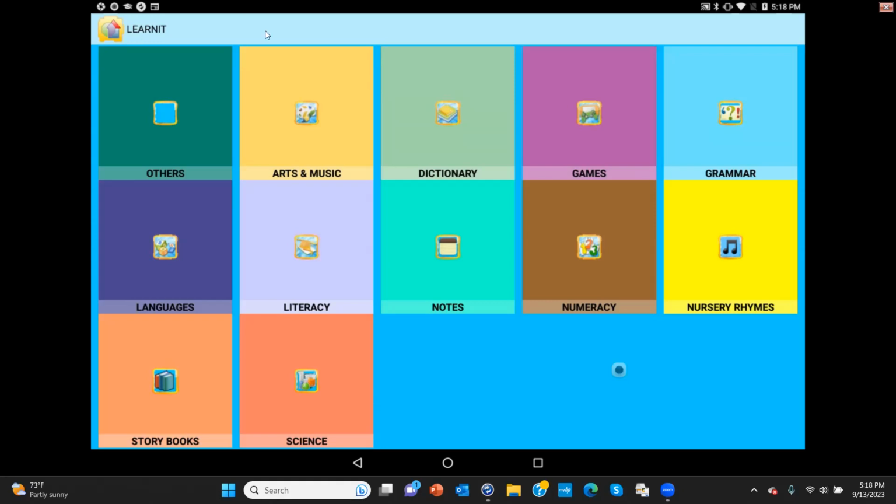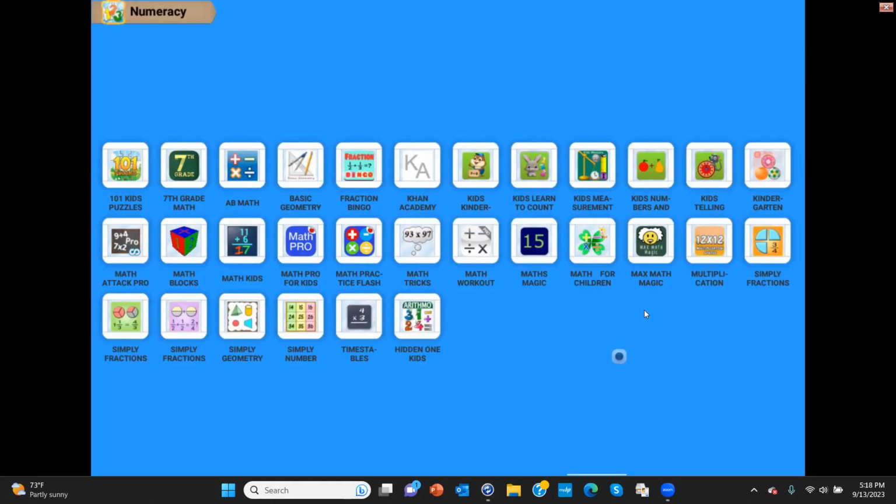Totally engaging. Okay, so now I'm in Kids Place, and I'm going to go to numeracy. Right now, I think I have all of the apps in numeracy. The whole idea here is that you would put all of the apps into Kids Place on all of the tablets eventually, right?